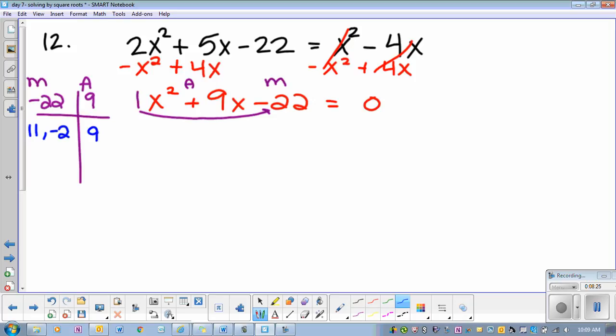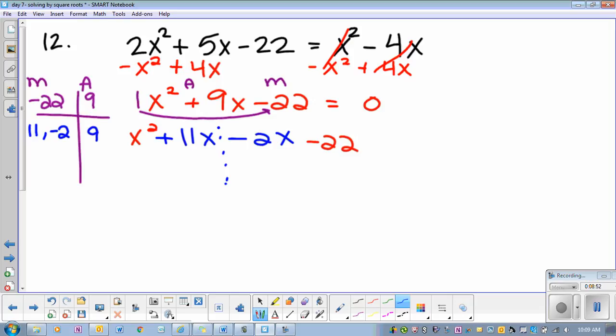Super. Okay. So then that means bring down the first, bring down the last. Rewrite the middle. So the middle term is plus 11x minus 2x. Yes? Divide it in half.